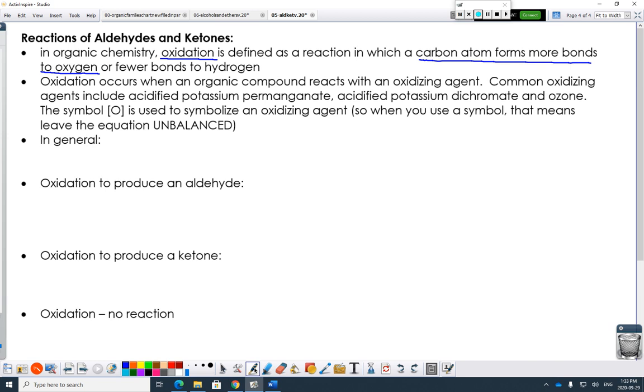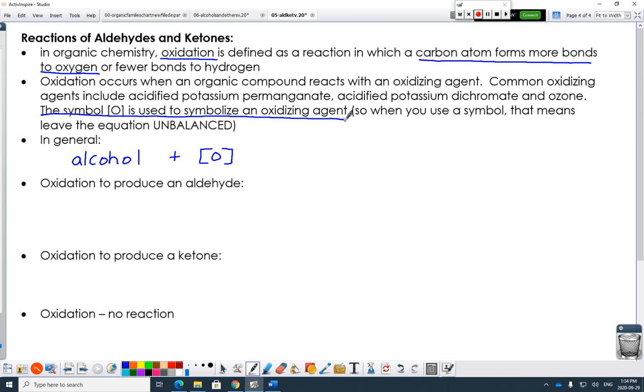In general, you take an alcohol and you're going to oxidize it. So how are we going to simplify it for you guys? We're going to use the square O. The symbol O is going to mean the oxidizing agent.